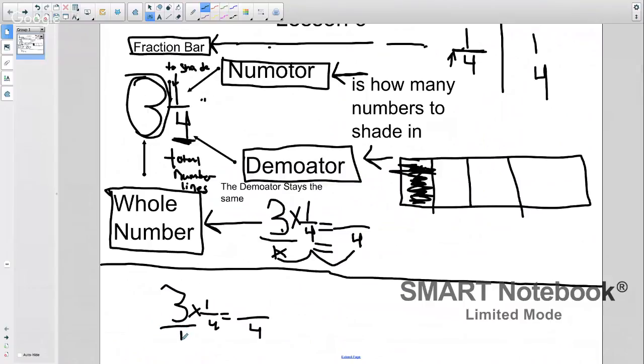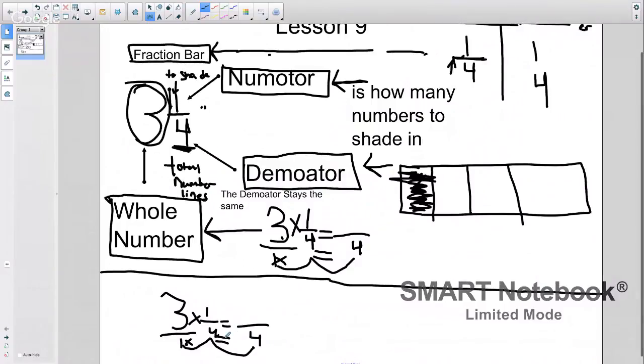And 1 times 4 equals 4. So that's fine. Whatever it does to the bottom goes to the top. And we're going to write it here too.